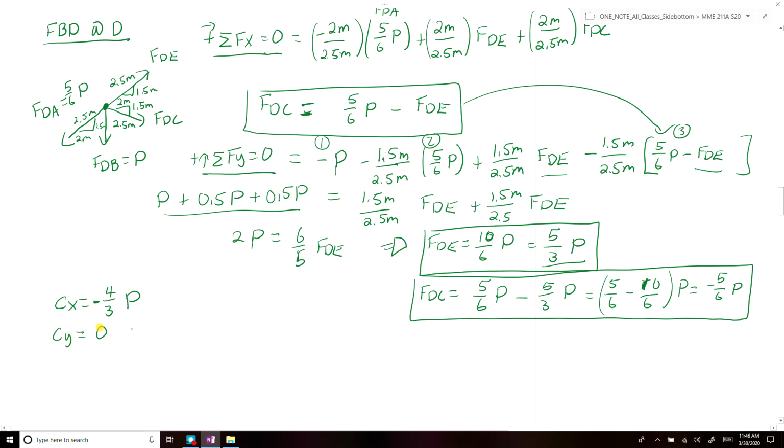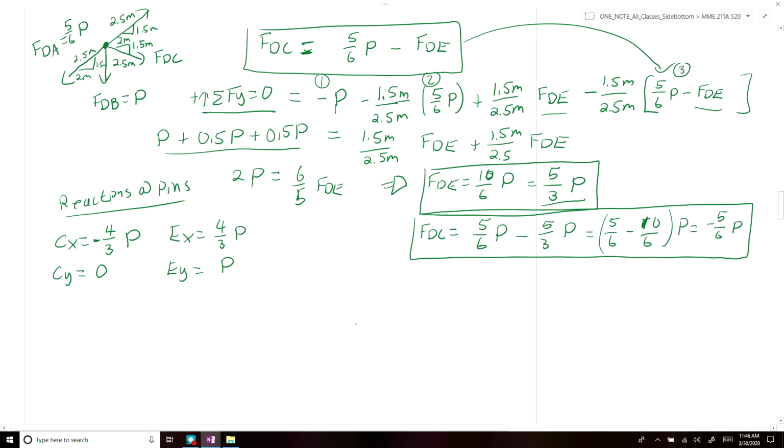Cy would have been equal to 0. And at point E, you would have gotten Ex equal to 4/3 P, and for Ey, you would have gotten just P.